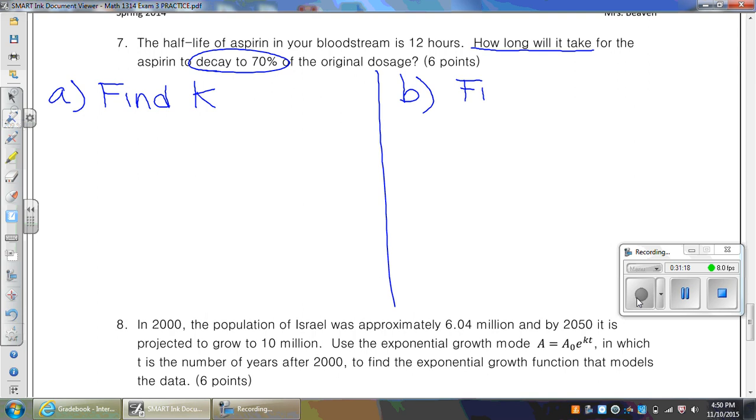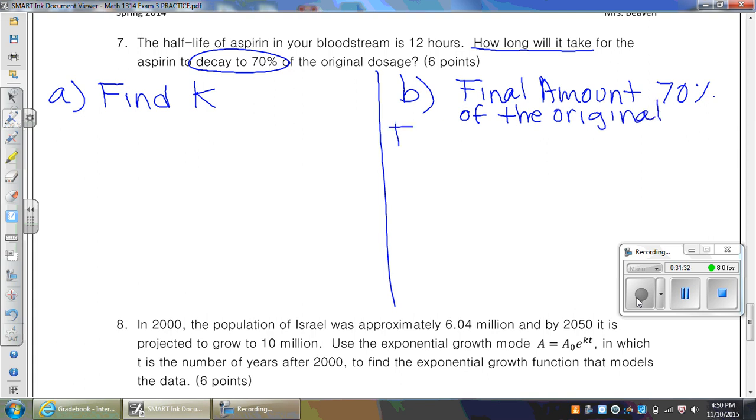So the final amount is going to be 70% of the original, and we're going to have to find what? t. Yes, t, because the question is how long. So it's a 2-part problem.